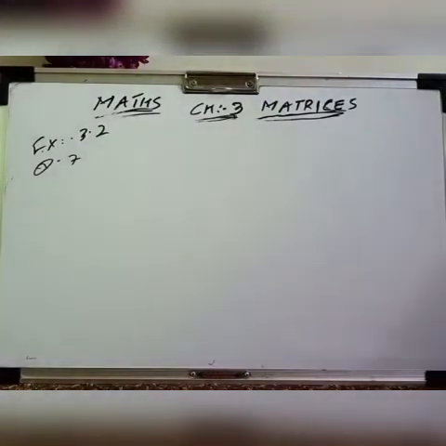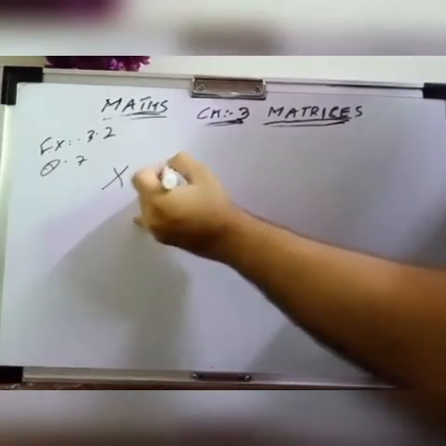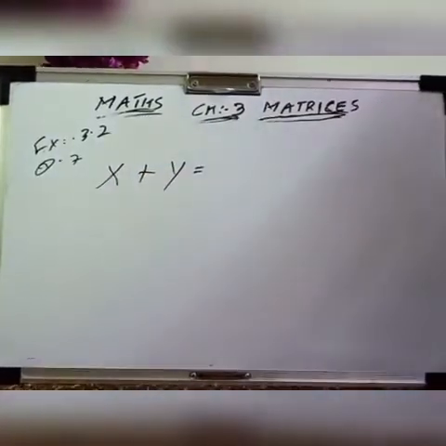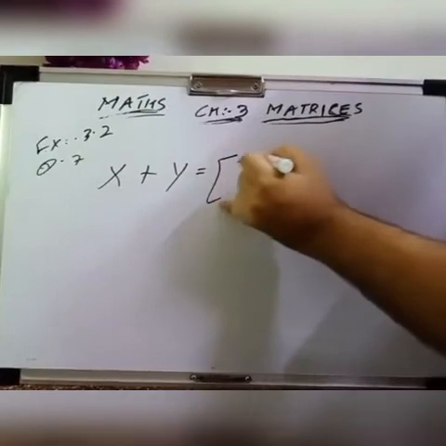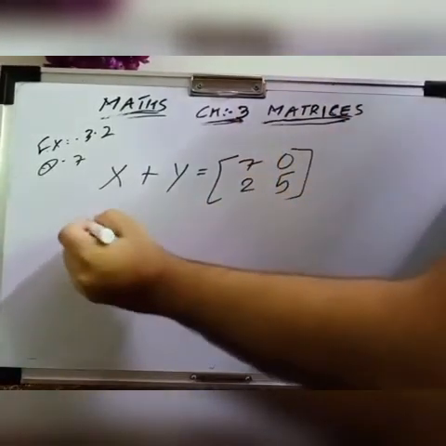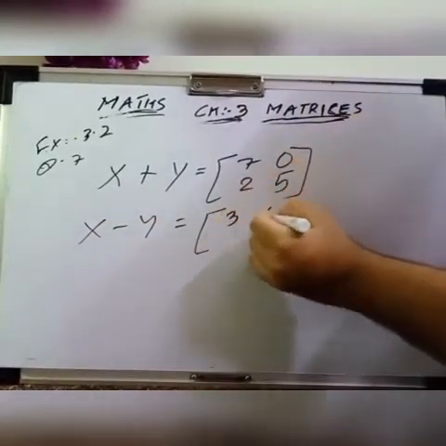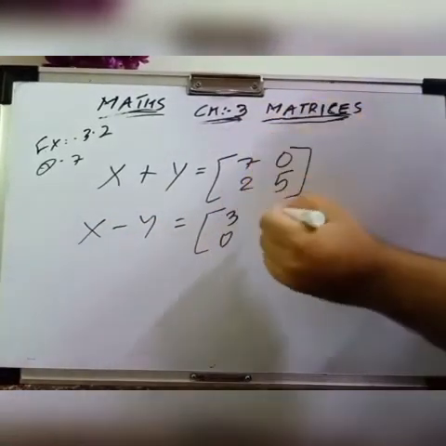Let's try to understand the seventh question where we are asked to find the value of matrix x and y, and the equation related to x and y is given. X plus y matrix is 7 0 2 5, whereas x minus y matrix is given 3 0 0 3.